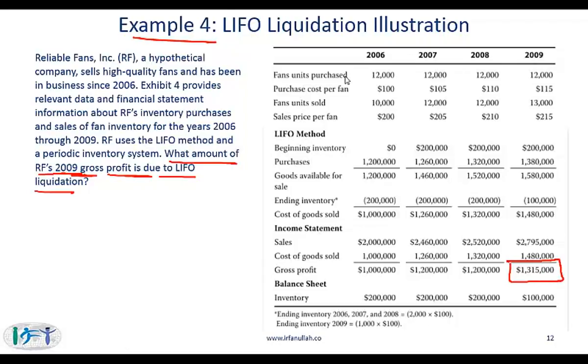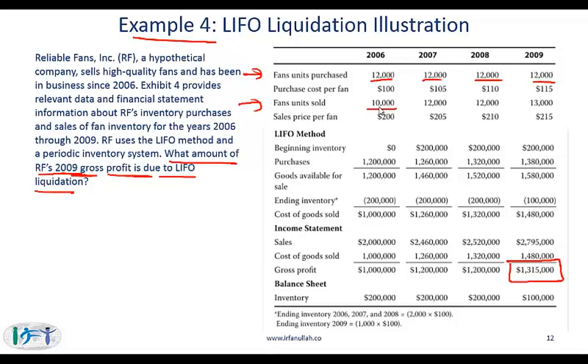Now, when you are dealing with LIFO reserve, you need to compare units purchased with units sold. Notice that the units purchased are consistently 12,000. Initially, the units sold were 10,000.